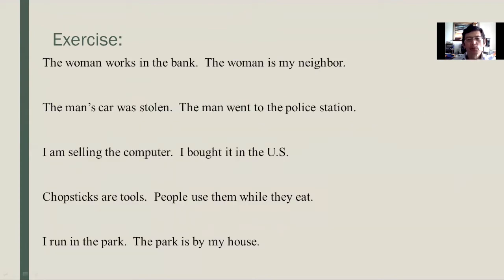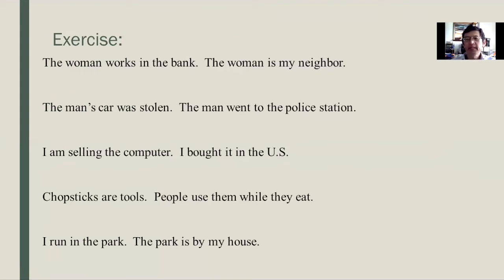Let me give you one more exercise. Remember, these sentences were similar to the sentences that I showed earlier in the video. So the exercise here is to combine the two sentences shown here into one sentence. The woman works in the bank.